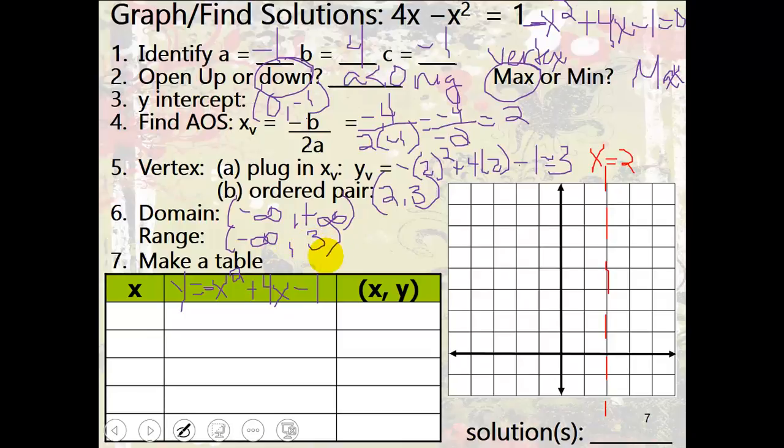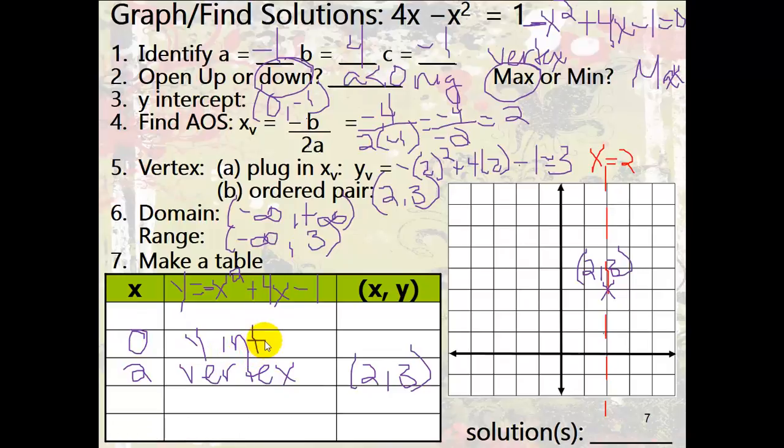And now I'm going to make a table. My vertex is at (2, 3). One, 2, 1, 2, 3. Here's my vertex. My y-intercept is at (0, negative 1).